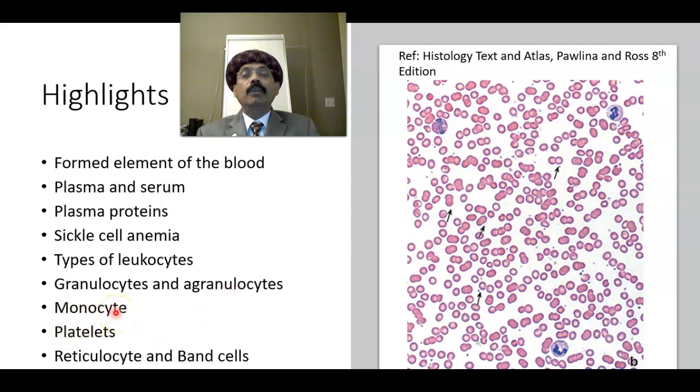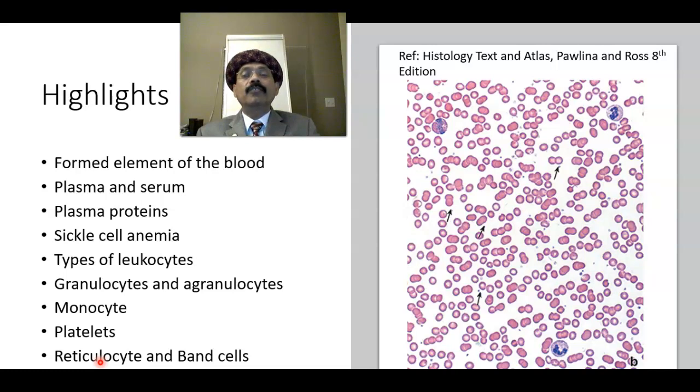Monocytes are the precursor for the macrophages. They contribute to the mononuclear phagocytic system of cells. Platelets are cells without a nucleus, with an open tubular system surrounded by actin, and platelets are very essential for hemostasis.